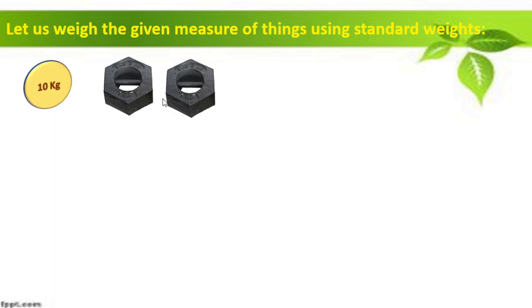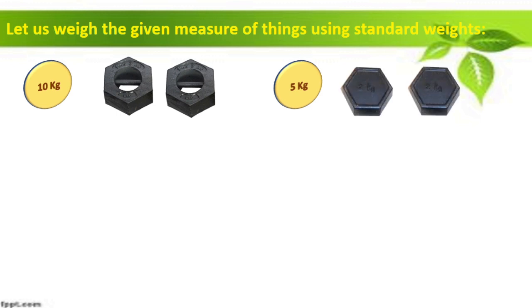Two times when we weigh 5 kg, that equals 10 kg. Isn't it? Next one. We want to weigh 5 kg and we don't have a 5 kg stone. Then we have 2 kg and 1 kg stones. Yes, very good. 2 kg, 2 times, and 1 kg. 2 plus 2 plus 1 together make 5 kgs.